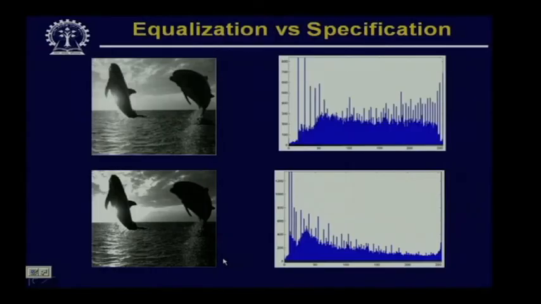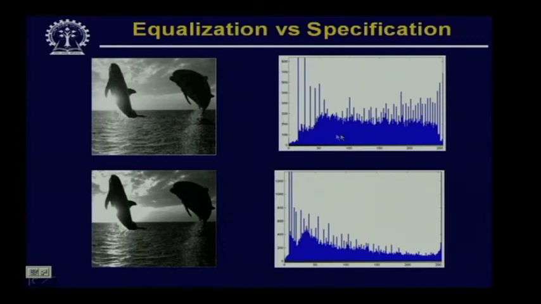Now, to compare the result of histogram equalization with histogram specification, on the top I have shown the same histogram equalized image that we have shown earlier, and on the bottom row we have shown this histogram matched image. And in this histogram specification, the target histogram which was specified was the histogram which is obtained using this equalization process.